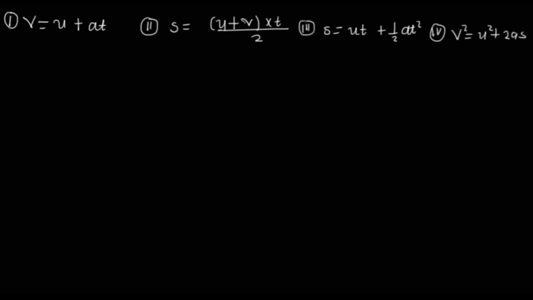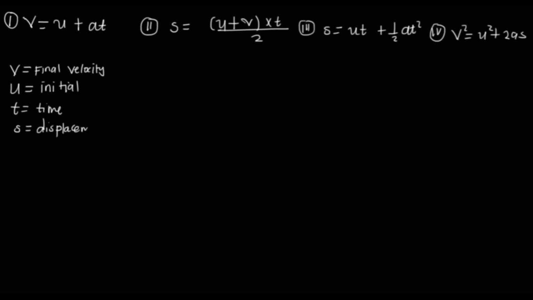Here v represents final velocity, u initial velocity, t time, and s displacement.